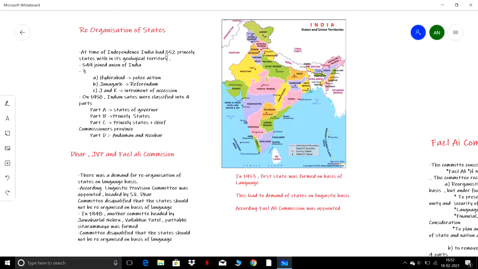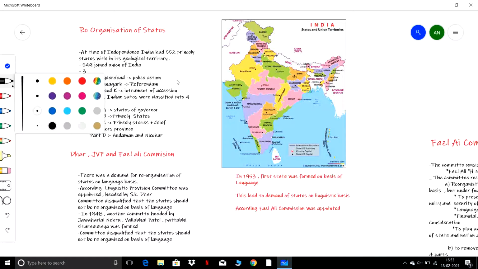At the time of independence, India had 552 princely states in its geographical territory. We all know British India was divided into the Indian Dominion and the Pakistan Dominion, and within the territory of India there were 552 princely states, among which 549 joined, but three refused to join.